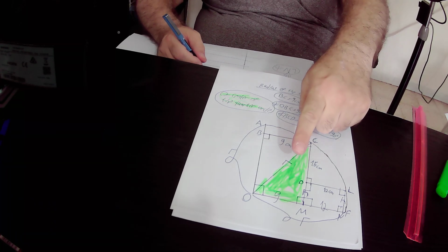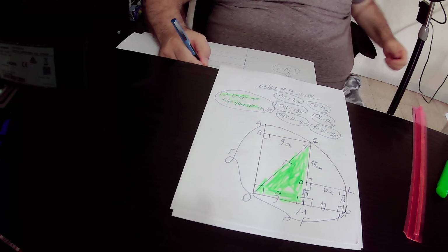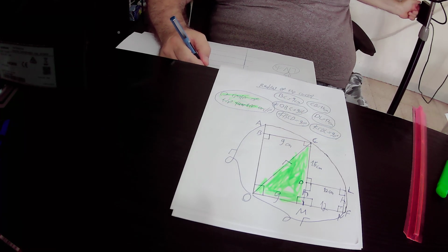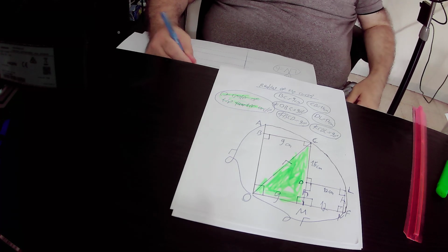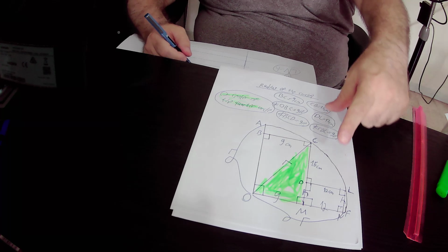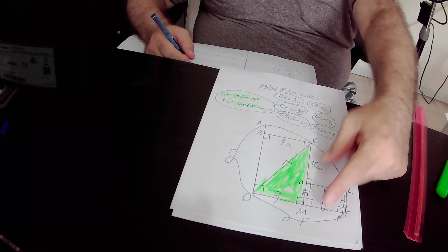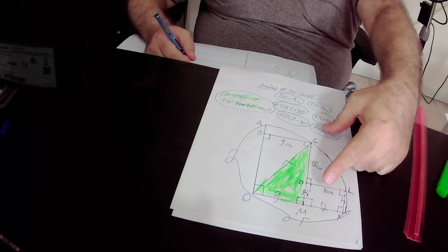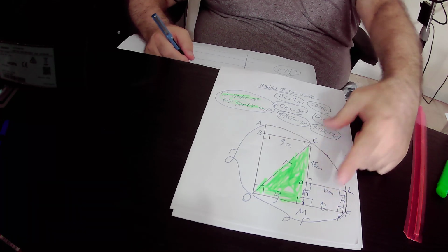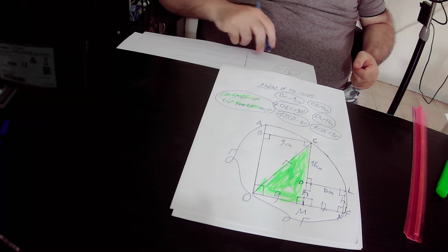OM equals 9, therefore OM square is 9 square, that is 81. Plus CM square. CM equals CD plus DM. That is to say, CM equals CD, that is 16, plus DM, that is H. So in total, CM equals 16 plus H. Therefore, CM square equals (16 plus H) square.